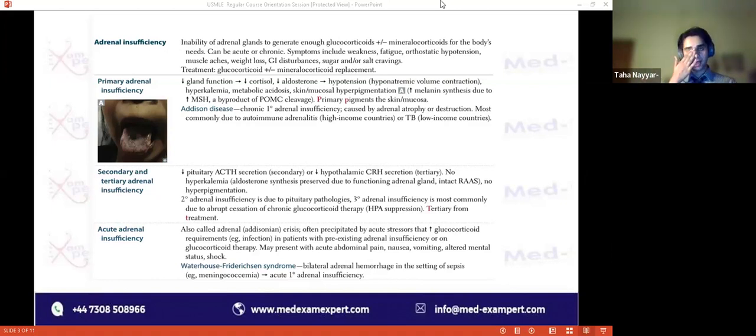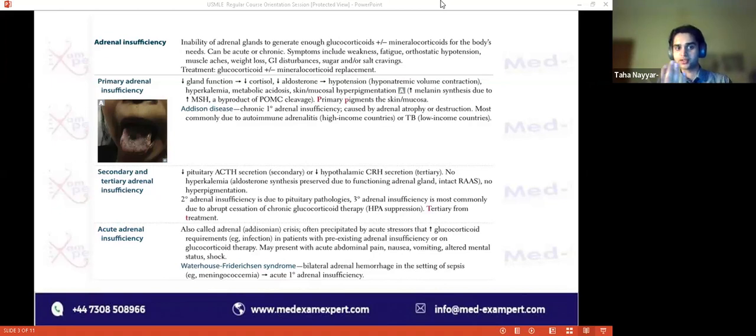It basically acts as an MSH. That's why whenever there's high levels of ACTH, we get skin pigmentation. So we get hyperpigmentation of our skin, tongue, lips, because ACTH can also stimulate the melanocyte. So that's the logic behind it.